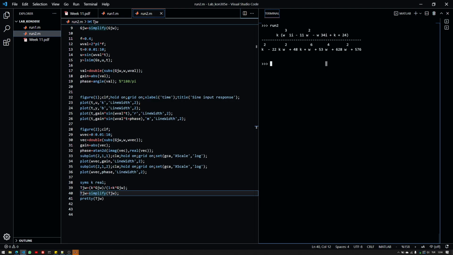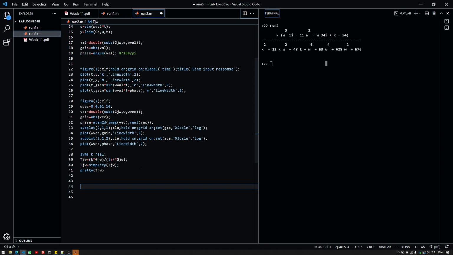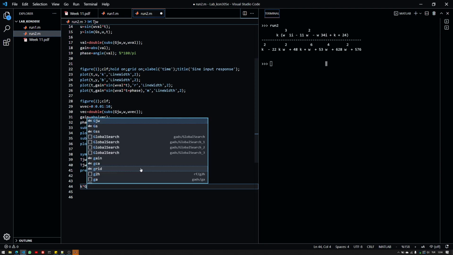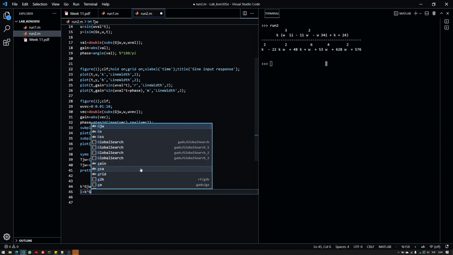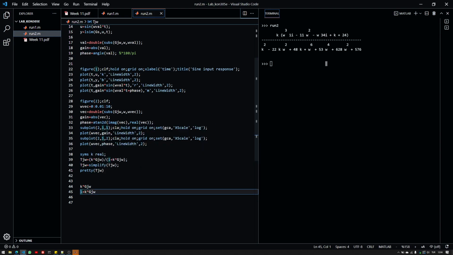Now, let's also write down that we have k times something like this, and then divided by 1 plus k times gj omega. Now, I sort of need a k value that'll end up in instability.